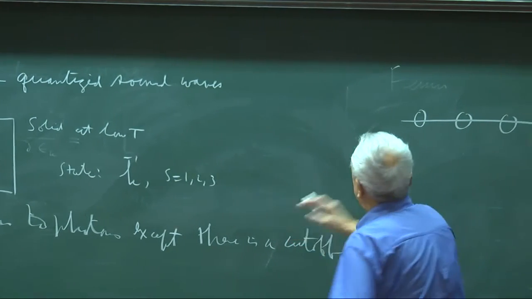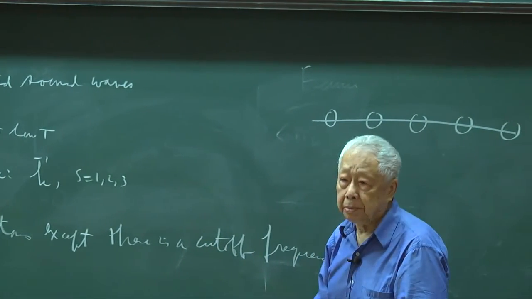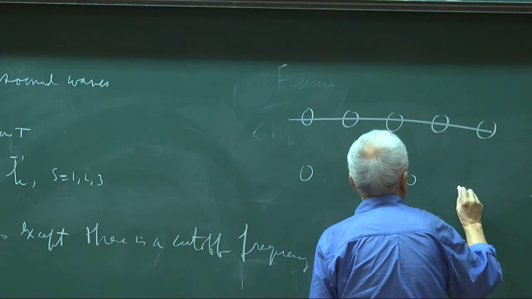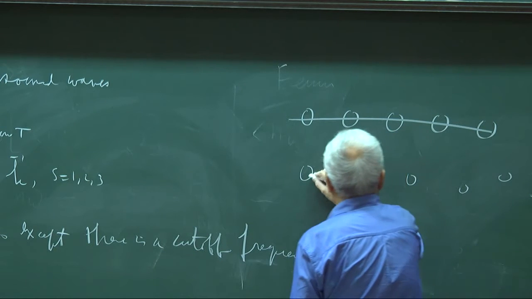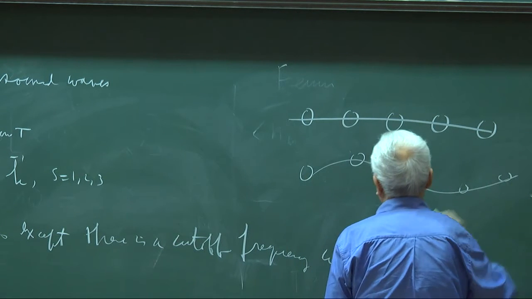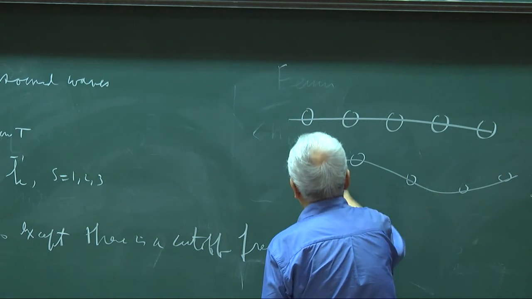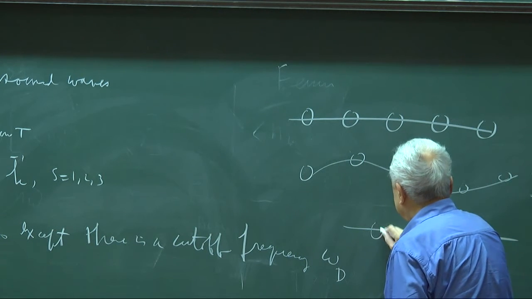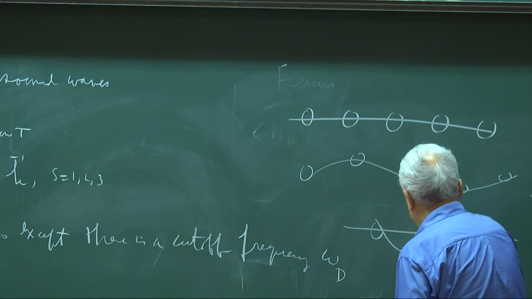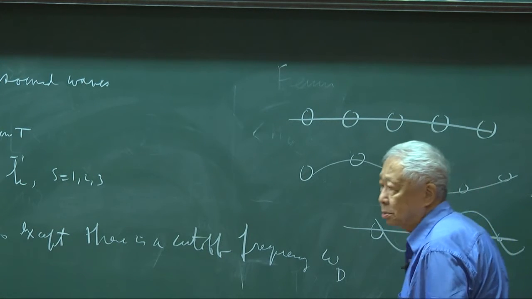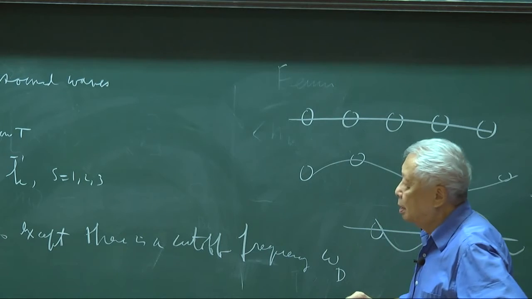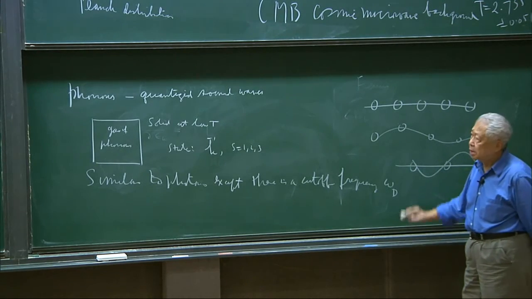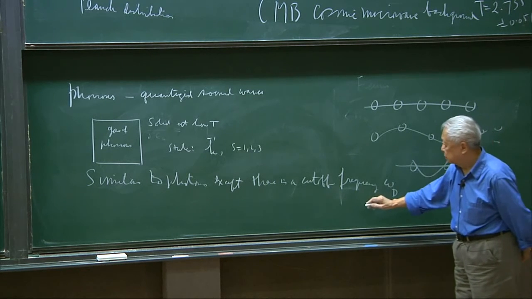And the waves you're talking about are the oscillations of this crystal lattice. And if the crystal oscillates like this, then you have a wave. But there is a wavelength. When the wavelength is equal to the lattice spacing, then the oscillation is like this, and there's no oscillation. So beyond that point, the frequency spectrum is no longer existent. So it's a cutoff. There's a Debye cutoff.